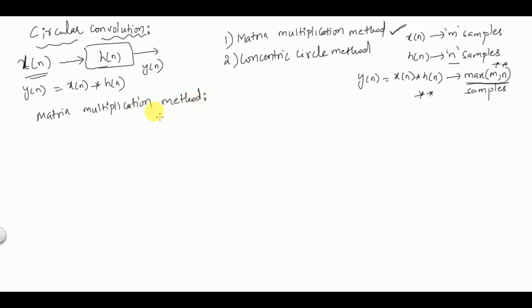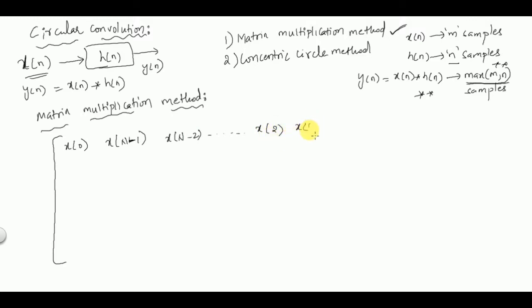In the matrix multiplication method, you are given two sequences x of n and h of n. We have to take the matrix of x of n: x of 0 here, x of n minus 1, x of n minus 2, and so on, x of 2, x of 1.